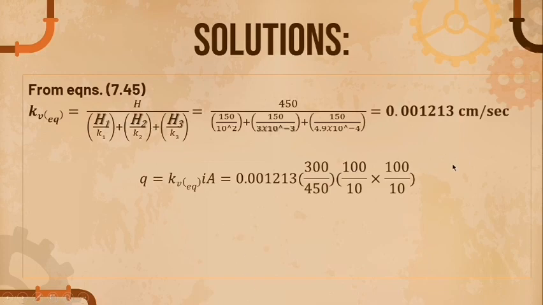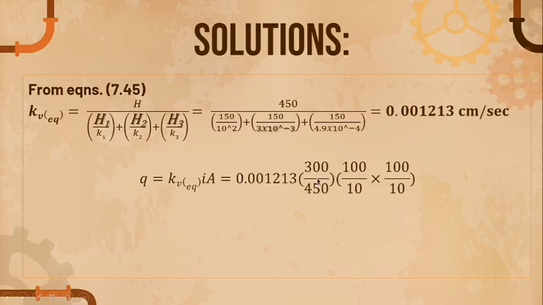So again using the same formula in getting the flow rate of water as I used in problem number 1. The only difference is that we get the total value of the hydraulic conductivity from here, given that we have different types of soil. So just substitute this value, 0.00123 multiplied by i.